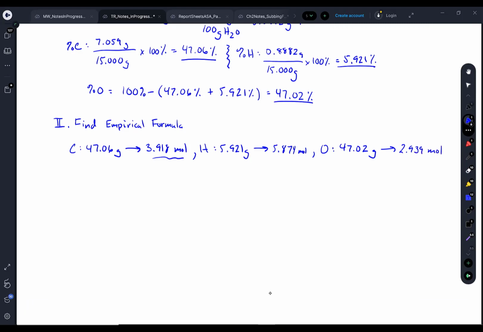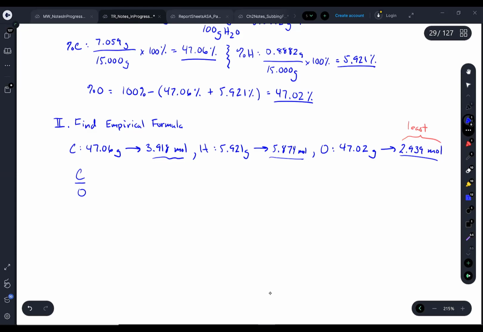Okay, so we're all clear on this step here, right? I just divided each of these masses by the atomic weight on the periodic table for that element. We now identify the least number on here, and that's again oxygen. Won't always be, although it tends to be pretty often. So the ratios will be carbon to oxygen and then hydrogen to oxygen, correct?